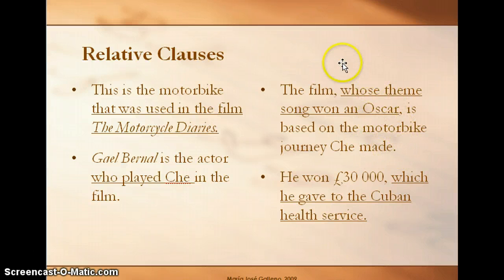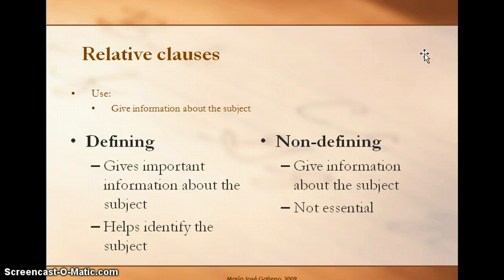This is extra information about the film, but we know which film it is because it's the film that was based on the motorbike journey Che made. So the defining relative clause gives us essential information to help us identify the subject and what it is or who it is that we're talking about, whereas the non-defining just gives us extra information about the subject.